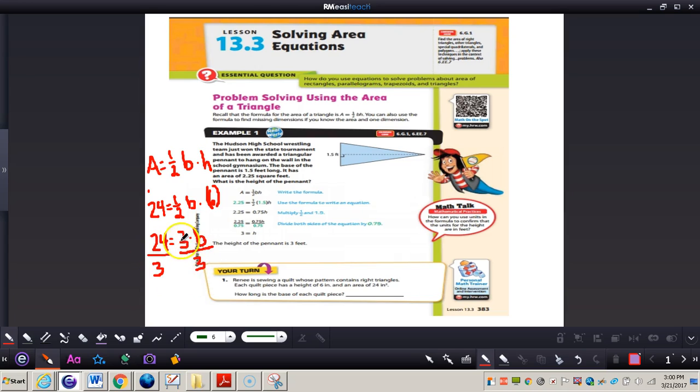So we've eliminated our 3 on the right-hand side, and we can bring down our b. And then we have 24 divided by 3. Once again, why did I divide? Because we're dealing with multiplication. If it was division, we would multiply. Do the inverse operation. 24 divided by 3 gives me 8. Okay, so how long is the base of each quilt piece? We can see the base is 8 inches.